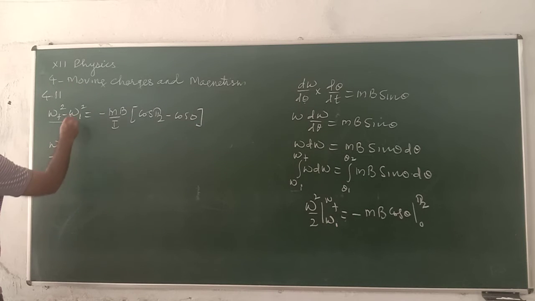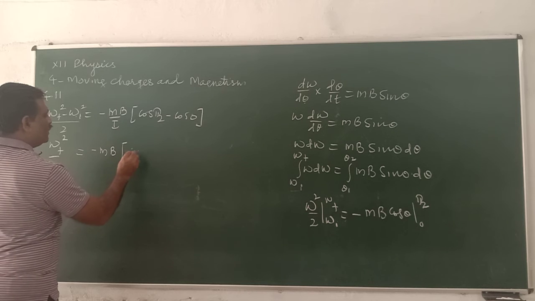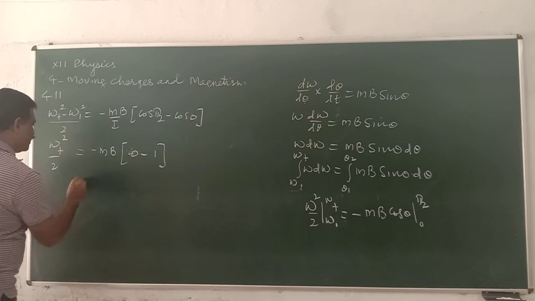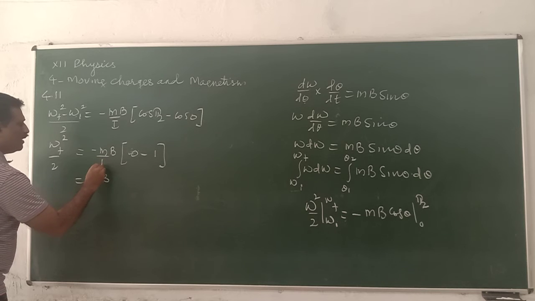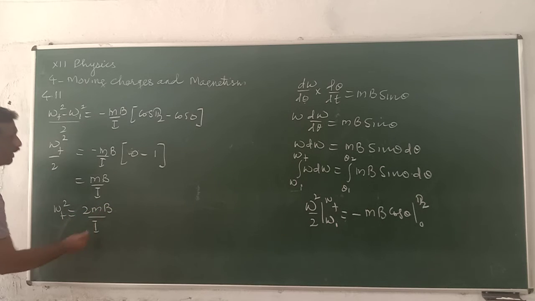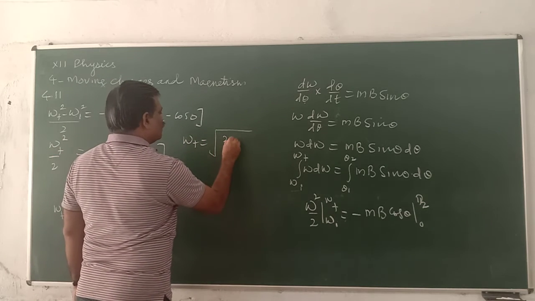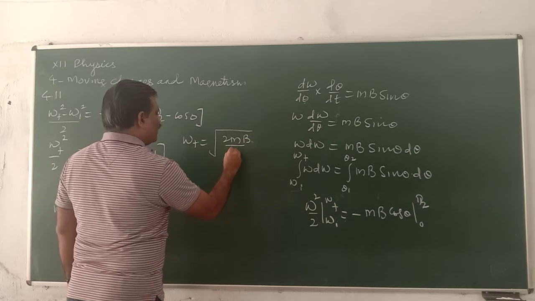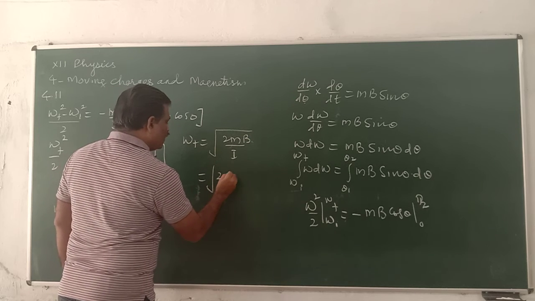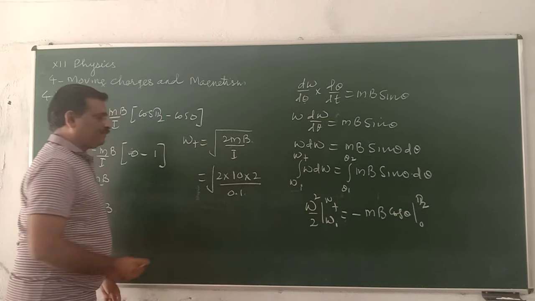Omega final square, initially it is 0, is equal to minus MB by I times 0 minus 1, which becomes MB divided by I. Omega final square is equal to 2MB divided by I. Therefore, omega final is equal to under root 2MB divided by I. All these factors are given. M is equal to 10, B is 2, I is equal to 0.1.